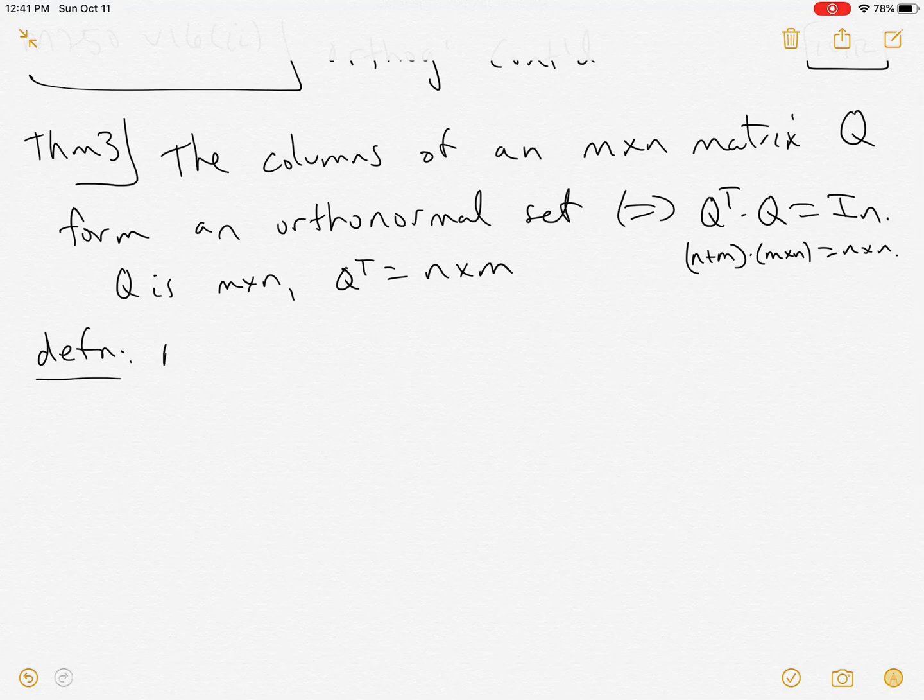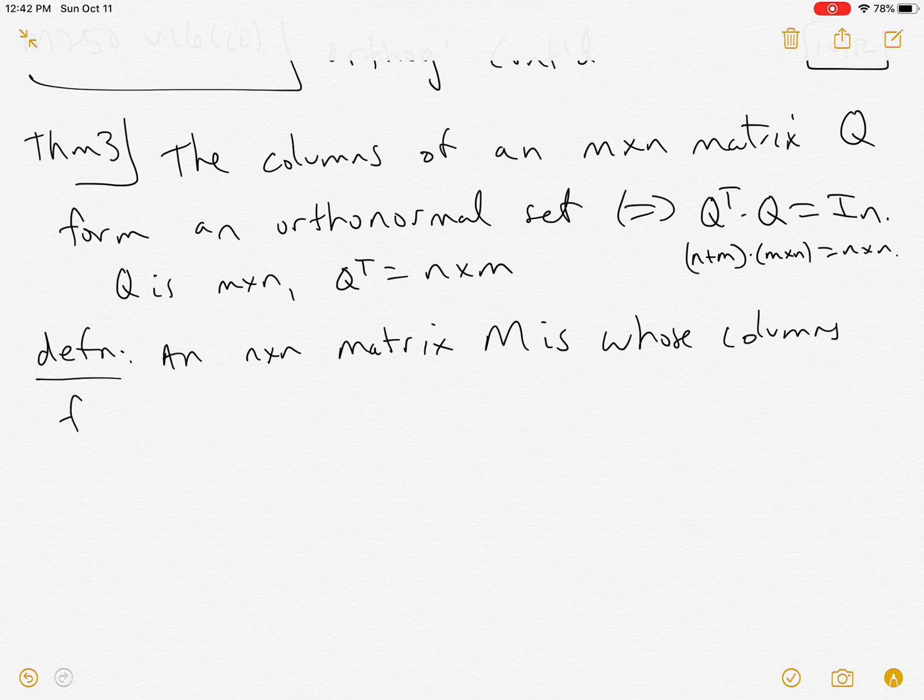So an n by n matrix M whose columns form an orthonormal set is called an orthogonal matrix.